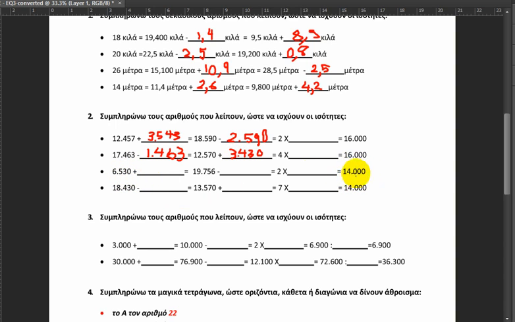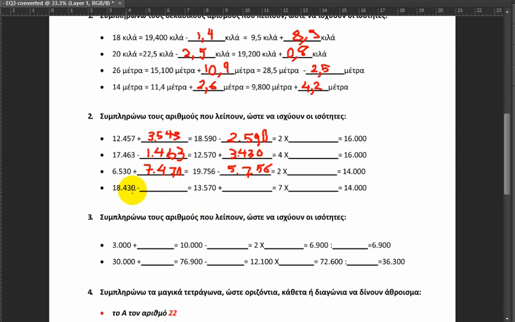Here, the difference between 14,000 and 6,500 is 7,470. The difference between this and this is 5,756.